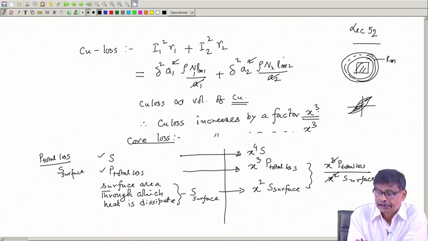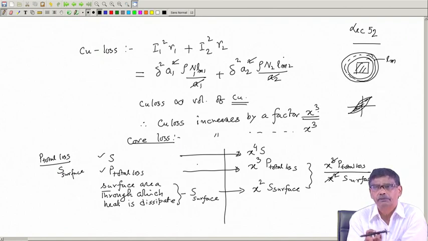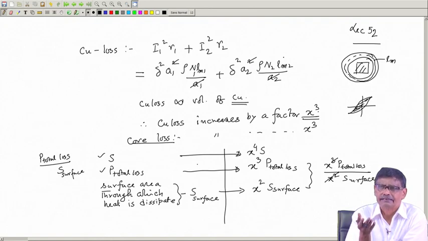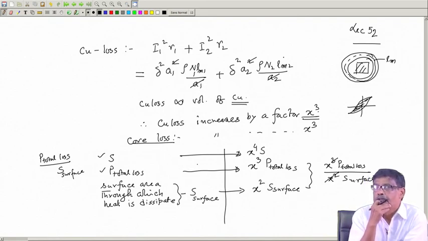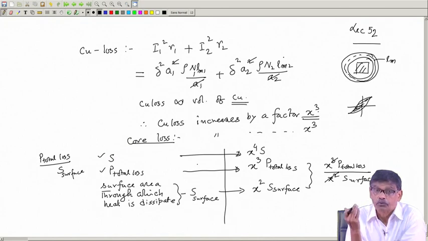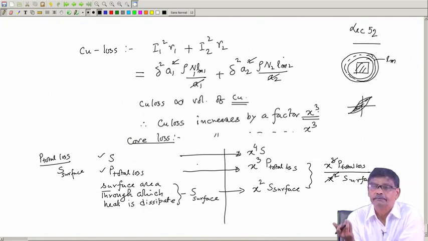If I say that in the original transformer with this specification, temperature rise was within the limit, that is a 70 degree centigrade temperature rise. In this case, you will find temperature rise will become more. Same materials you are using, therefore, extra cooling arrangement is now necessary, okay?